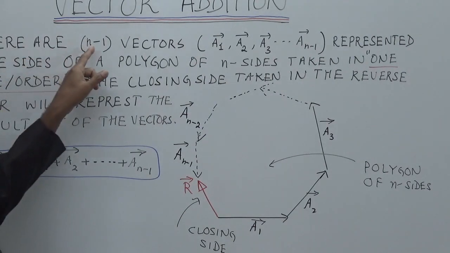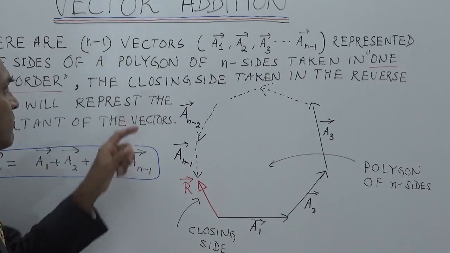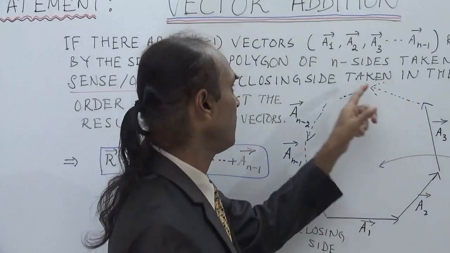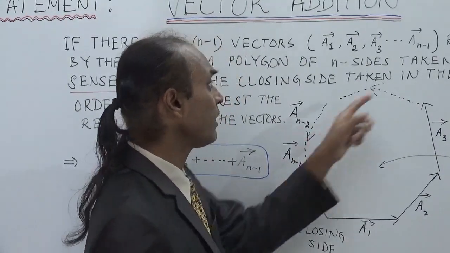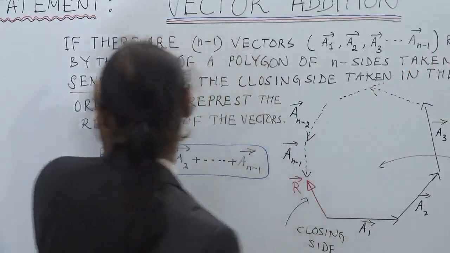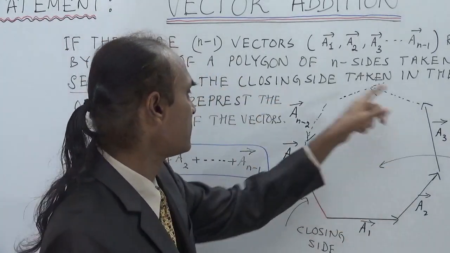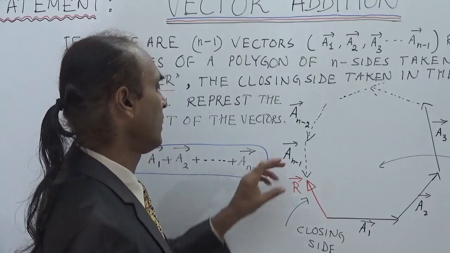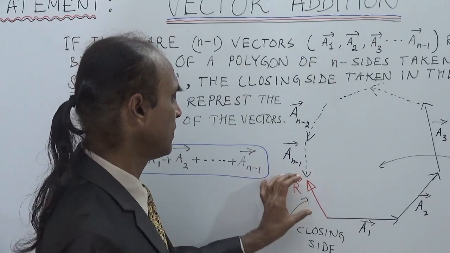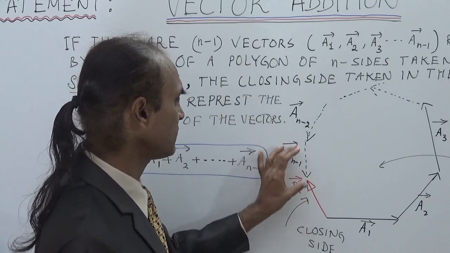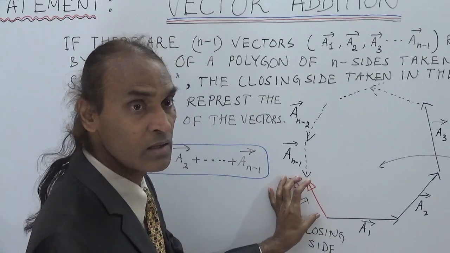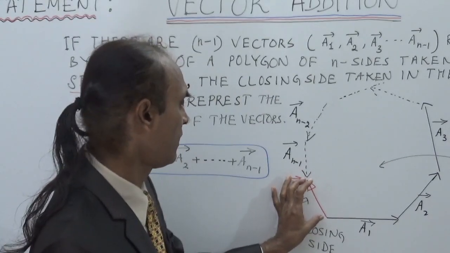If there are n-1 vectors, a1, a2, a3 up to a n-1, represented by the sides of a polygon of n sides, it is up to n-1 sides plus this another last side.